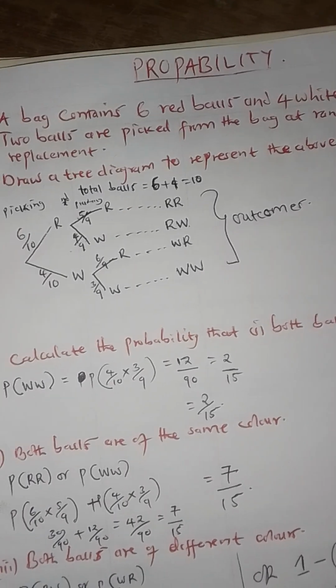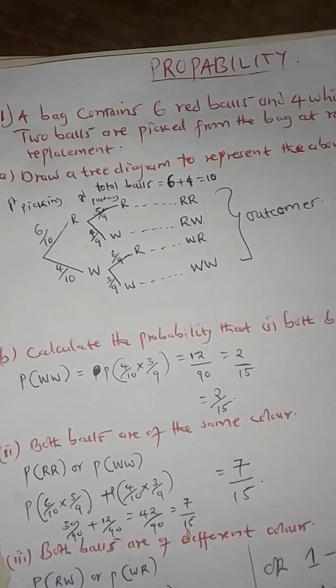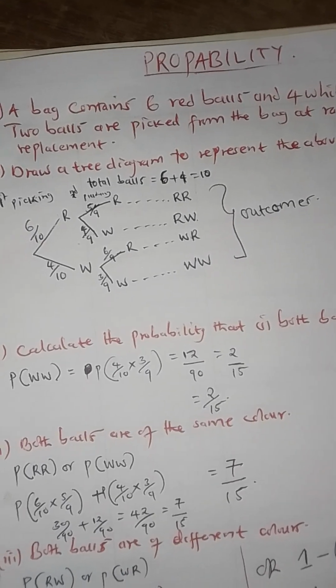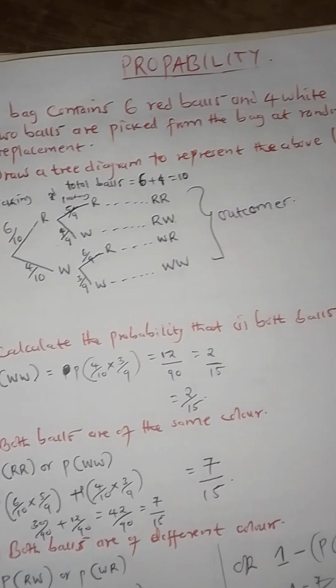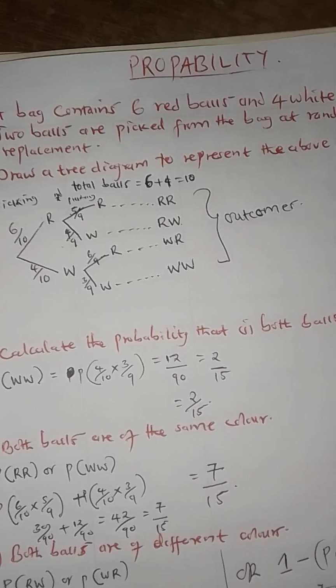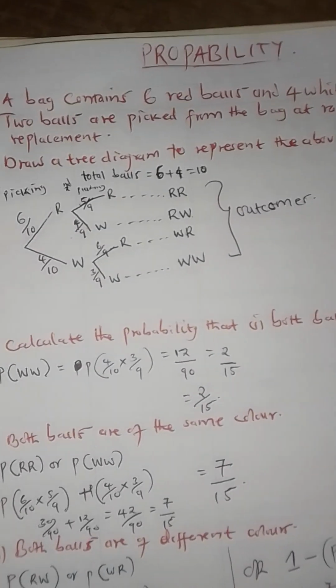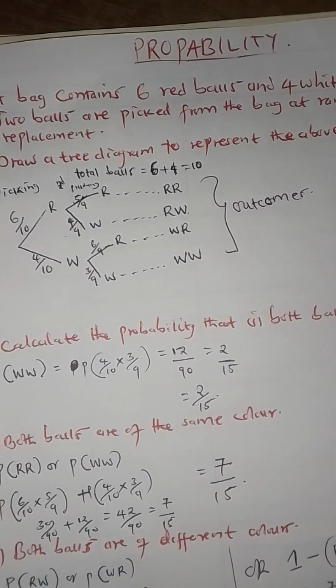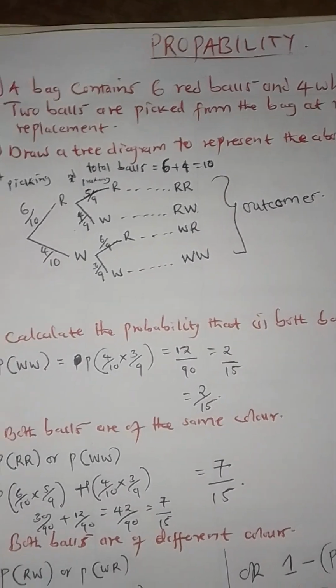In that case, we never picked the white ball, therefore the number of white balls remains 4 over the total, which is 9. Then, if we pick the white ball, it means that the number of white balls reduced from 4 to 3, and therefore the probability of picking the white ball in the second picking is 3 over 9.